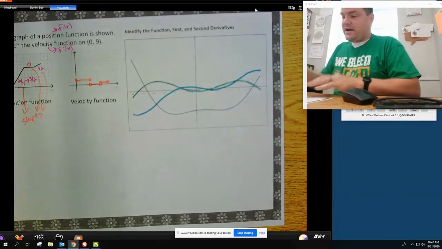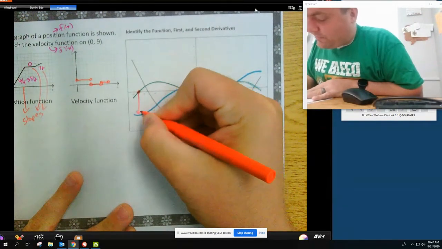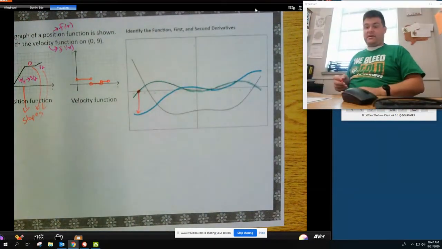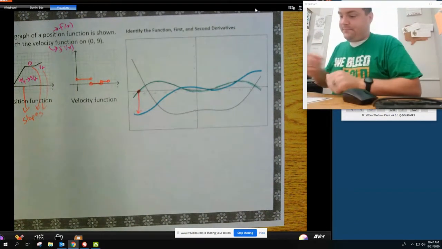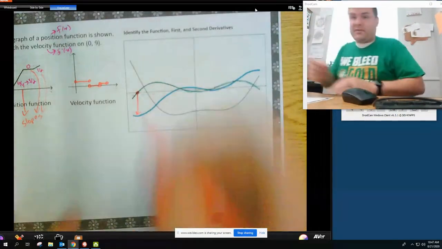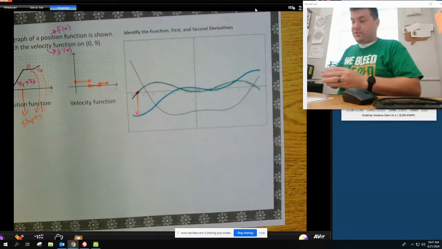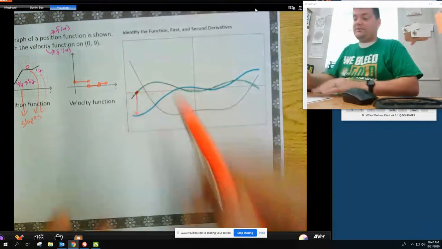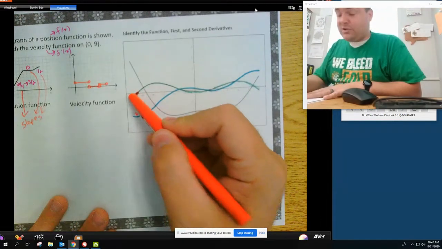So I have a 0 right here, and it matches up with the horizontal tangent right there. Okay, what that's going to tell me is that green is the derivative of blue. Okay, so is green the first derivative or the second derivative? I don't know that yet, but I do know that green is either the first or the second.